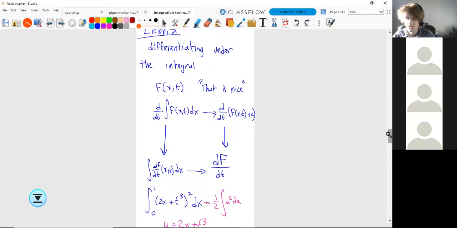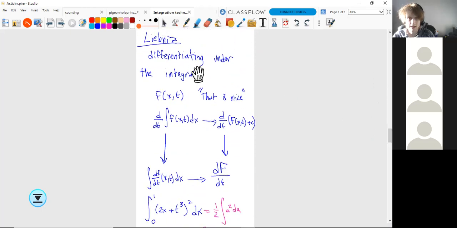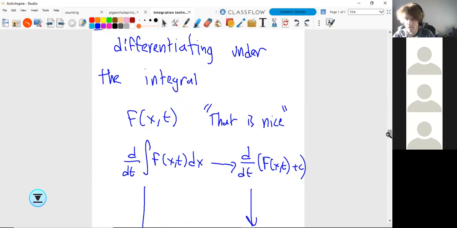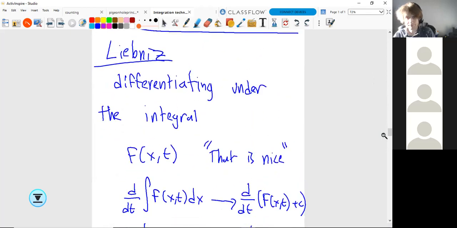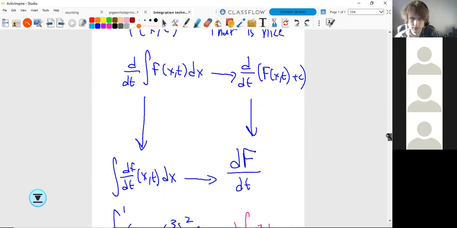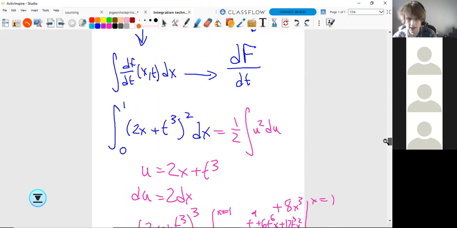And then we started discussing a method that Leibniz invented and was also popularized by Richard Feynman, the physicist. And that is called differentiating under the integral sign. So we saw that this diagram commuted, and we can, for sufficiently nice functions, interchange the integral and derivative signs, and that can make our lives easier.